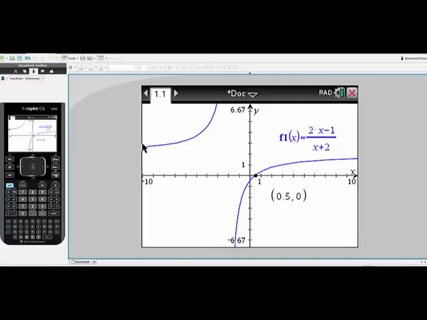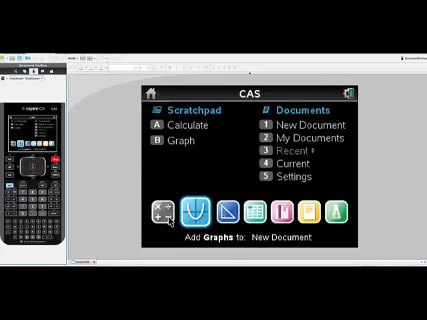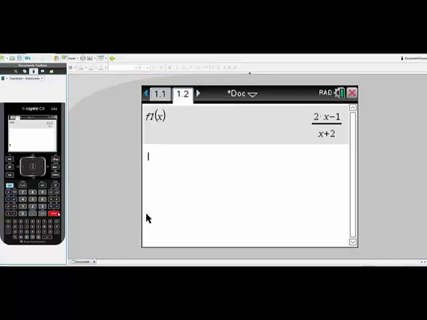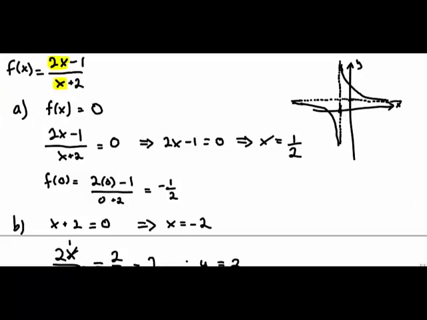If we really want to make sure that is correct, open up a calculator page. The function is already defined. It's called f1 of x. So we would like to know f1 when x is equal to 0. And then we get the value minus 1 over 2, or minus a half. And that's exactly what we had here.